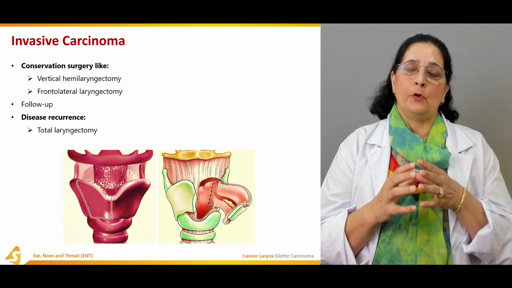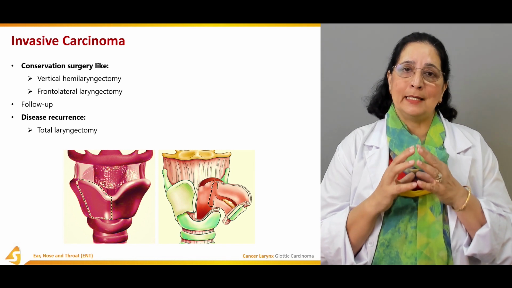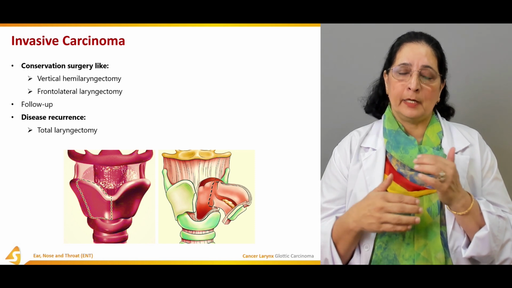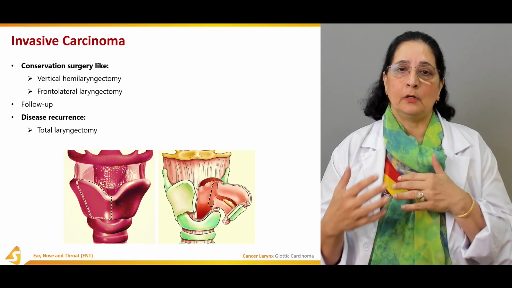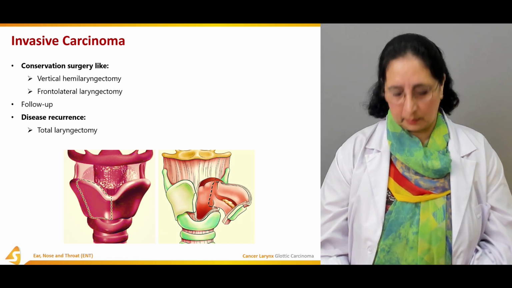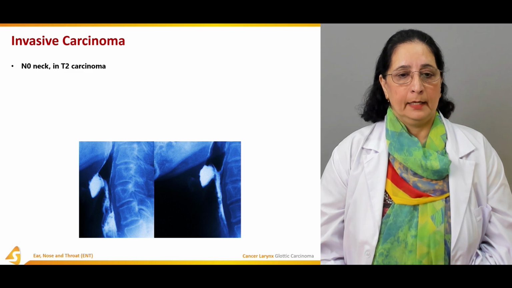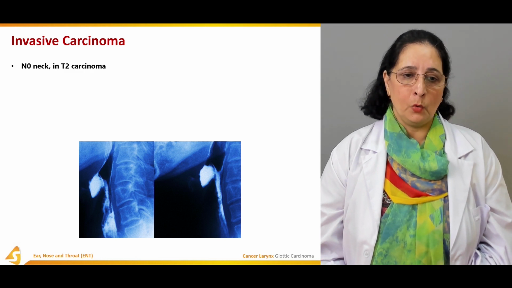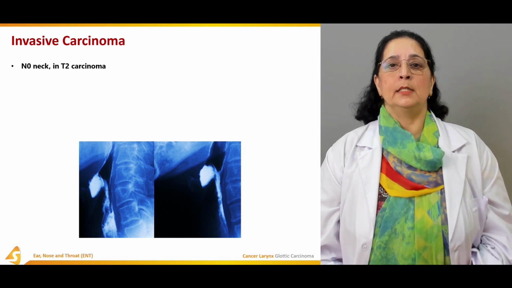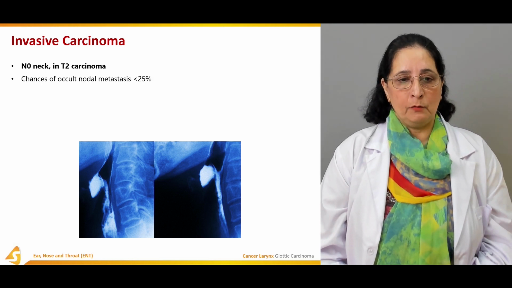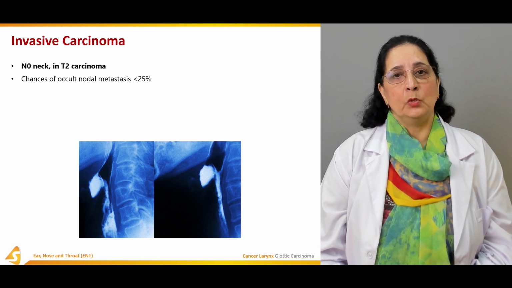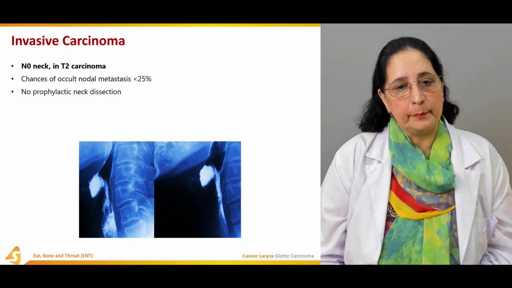So it's very important that we know the extent of the involvement, or the extent of the spread of the lesion or the cancer, to decide the proper management of the cancer. Again, N0 neck and T2 carcinoma: if the extent of the tumor is T2 and there is no node involvement, the chance of occult nodal metastasis is less than 25%.